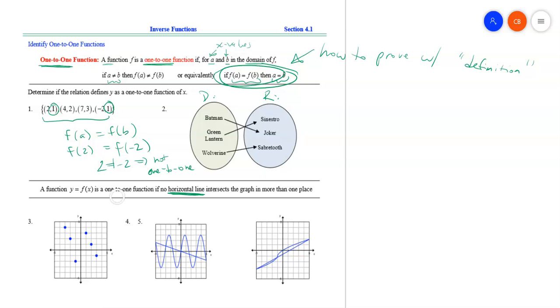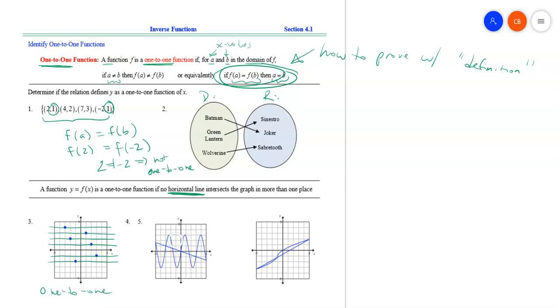To check for a one-to-one function, we will use the horizontal line test. We want to find out if we draw a horizontal line through this relation, is there ever a time where that horizontal line will cross the graph in more than one point? For number 3, horizontal lines through here will not cross the graph more than once, and so it is one-to-one.